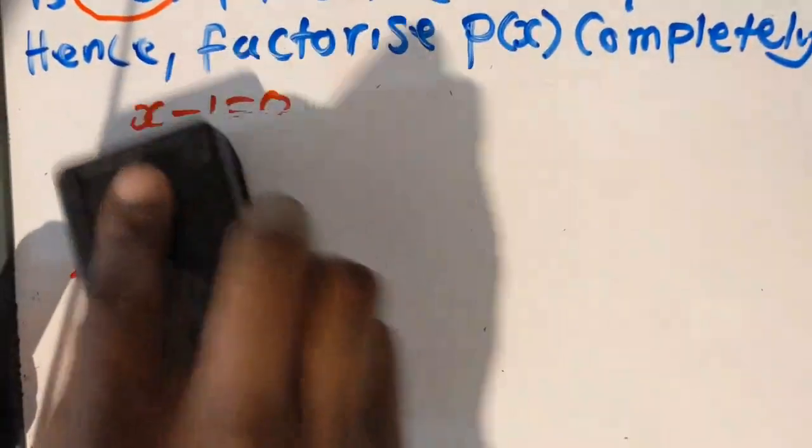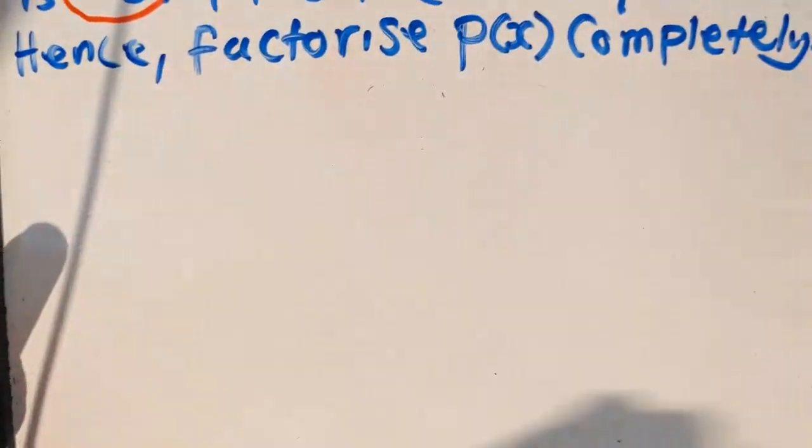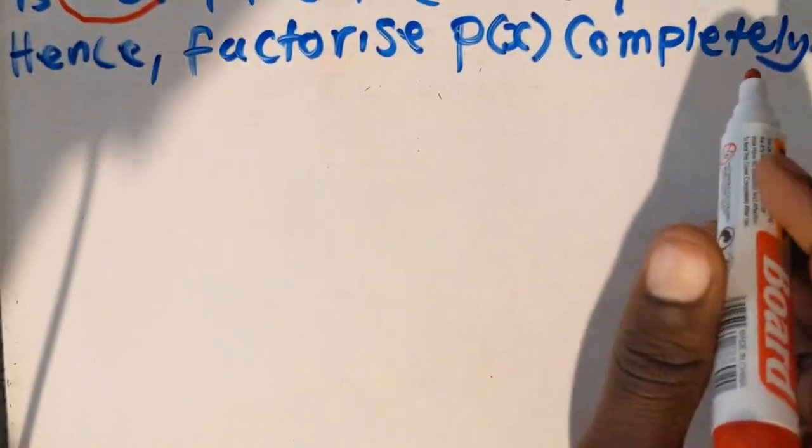So now it is actually telling us that we need to factorize the polynomial completely.